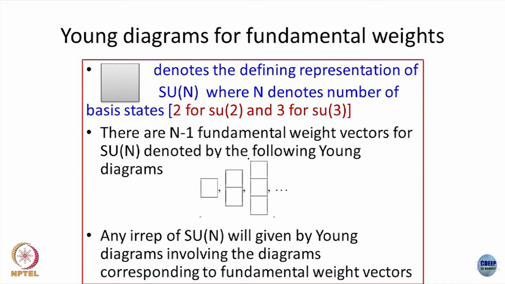N minus 1 is also the rank of the SUN group. Pictorially as a Young diagram, we denote these n minus 1 fundamental weights as single box, double vertical box, triple vertical box and so on. Any irrep will be given by a Young diagram involving the diagrams corresponding to the fundamental weight vectors.